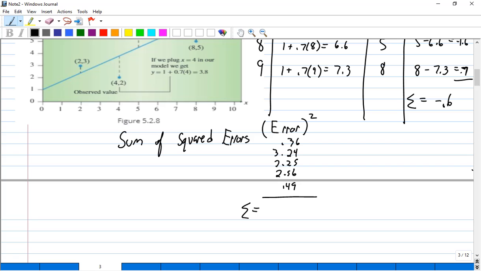But if we square all of those values, we make them all positive, and then we find the sum of all of that, that gives us a value that's a better representation of whether this line fits or not. Okay? So if I take the sum of all of those values, the sum of the error squared, I get 8.90.